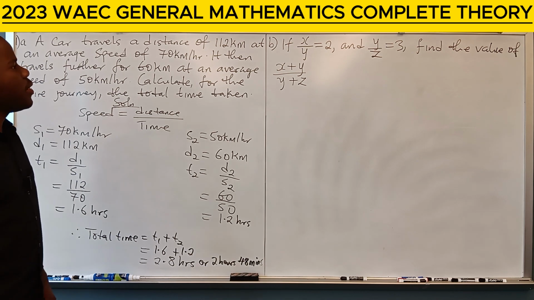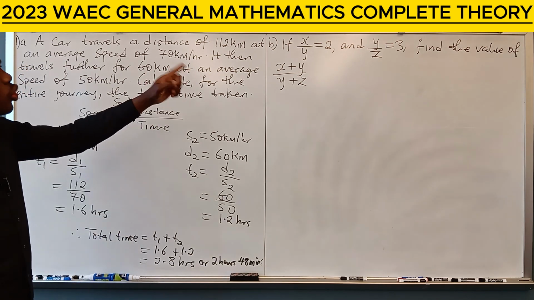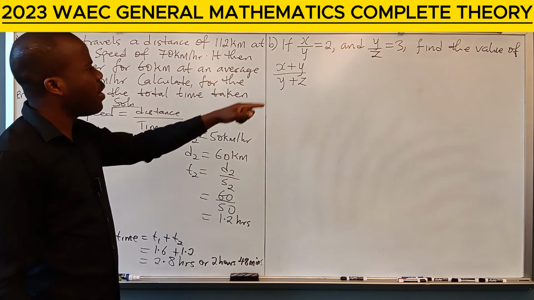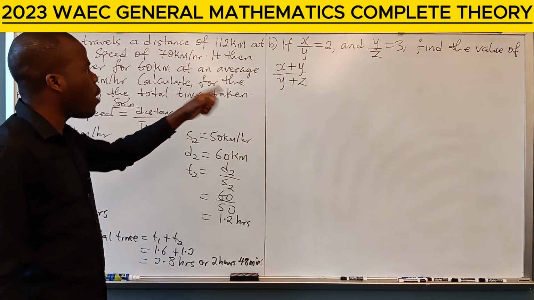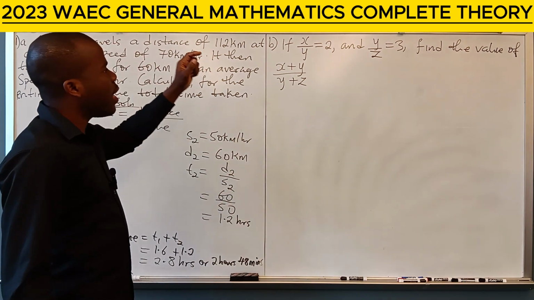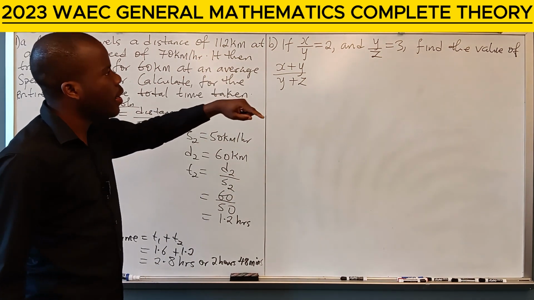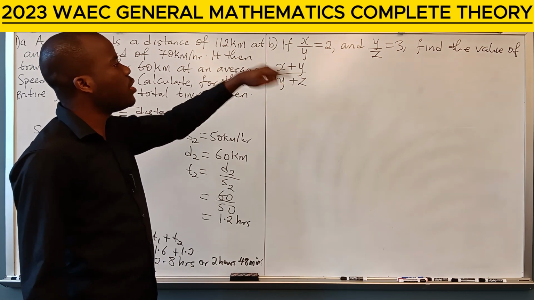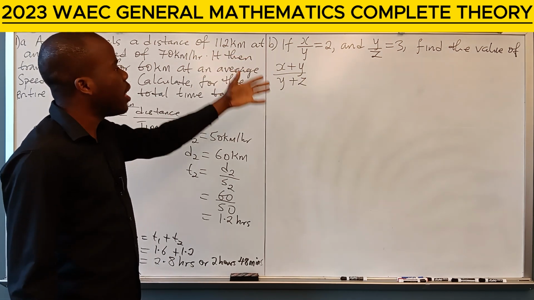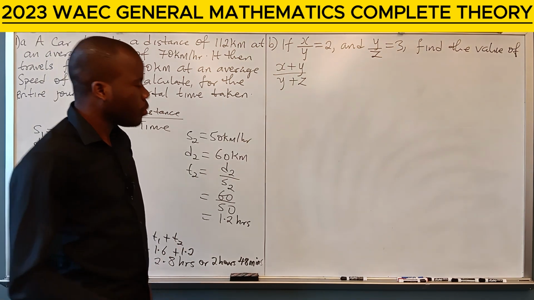Question 1b says, if x over y is 2 and y over z is 3, find the value of x plus y over y plus z. What we'll do here is to find x in terms of y and find y in terms of z, and also put x in terms of z and then sum this up.